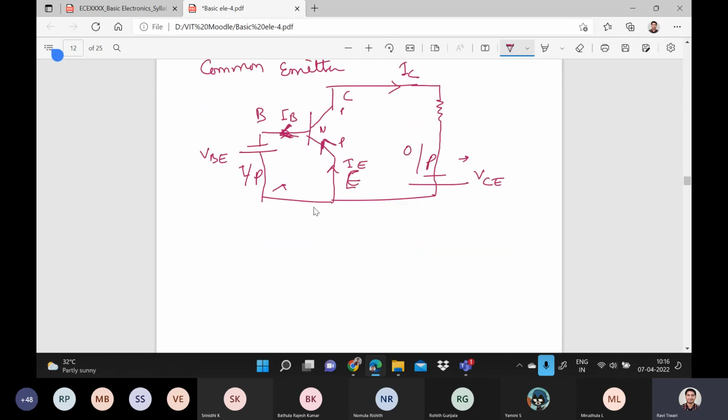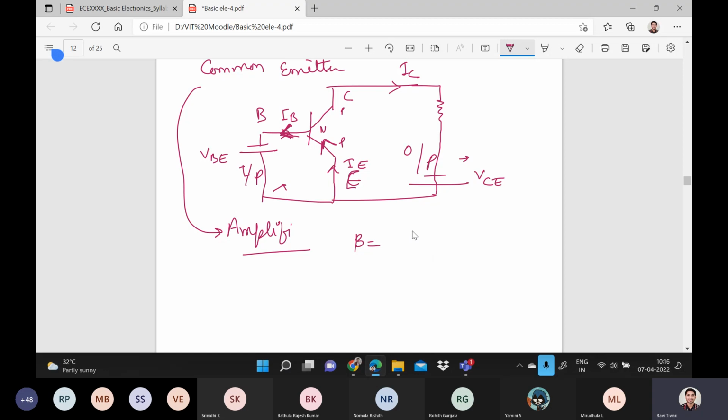Now you tell me what will be the input, as we have seen the amplification factor. Amplification factor is what? Output by input. In the common emitter case, the amplification factor is given by beta.